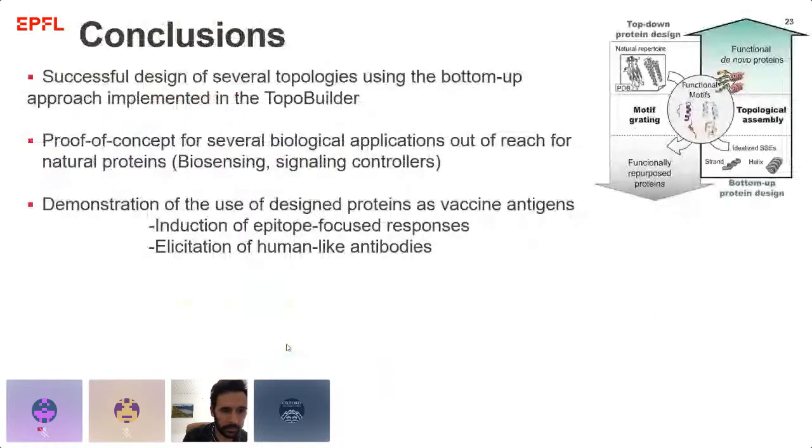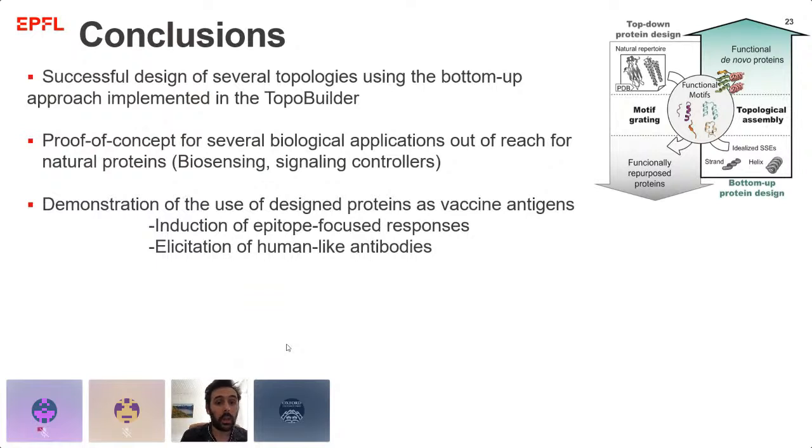So with this, I'm very close to the end, and I would just like to conclude the talk. Bringing you back to the beginning, what I've shown you here is that we can use the Topo Builder to generate functional proteins, particularly in different types of topologies with different types of complex epitopes or functional sites, as you will.